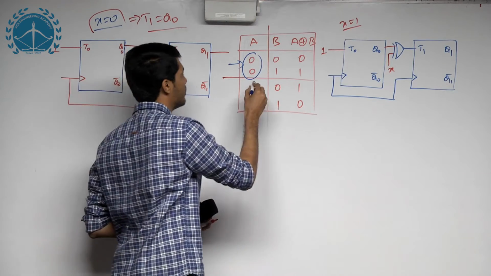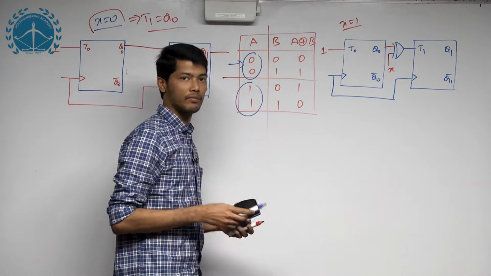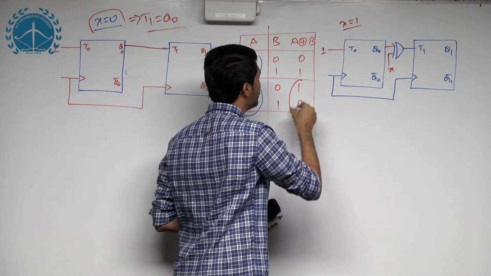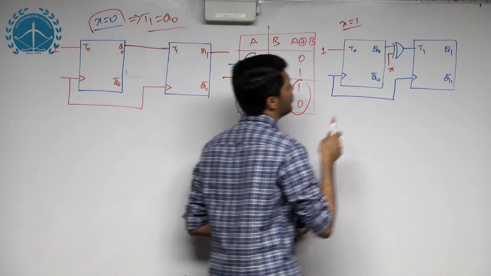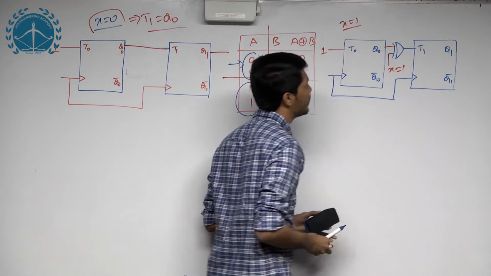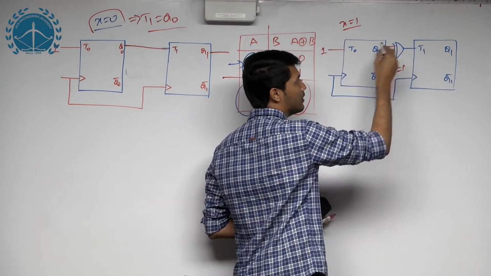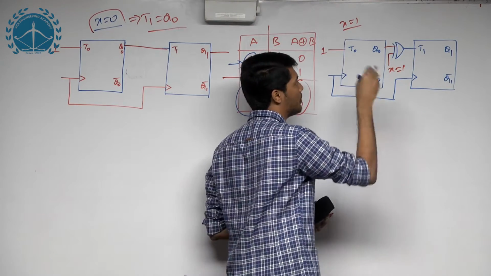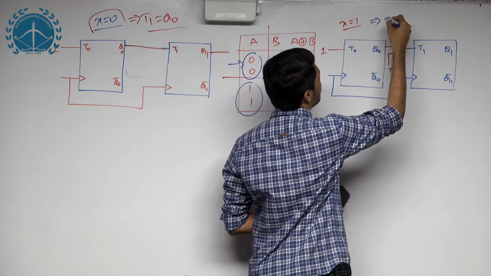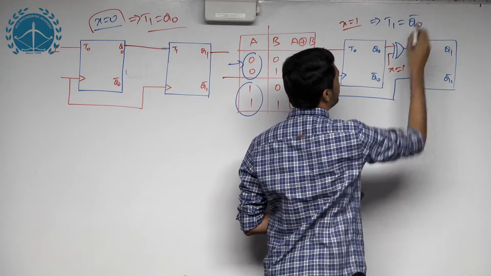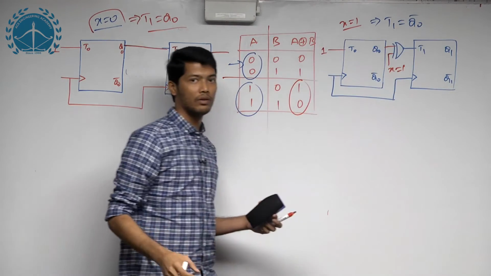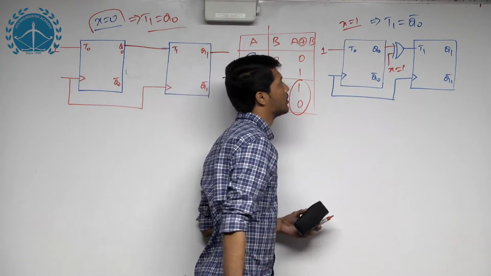Now whenever one of the inputs is 1, then the output is the inverse of the other input. So whenever x is equal to 1, in that case T1 is not Q0, it is Q0 bar. The other input is Q0 and we have to invert the Q0.